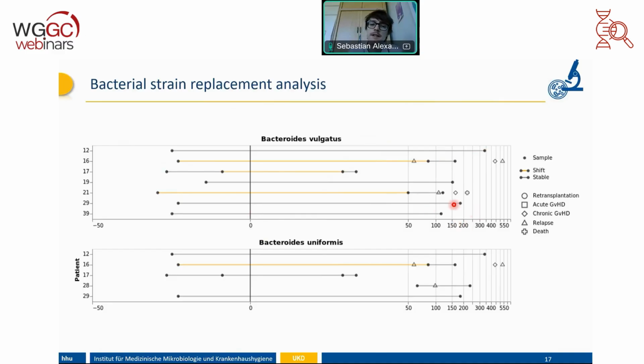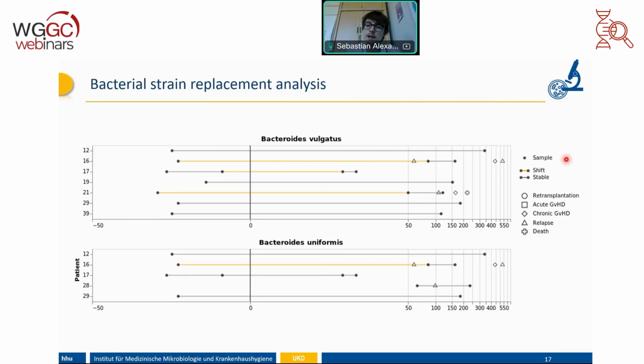In yellow, you can see that we detected a different strain before transplantation than after, and in gray we detected the same strain before and after. So we detect both. For some patients we had a strain shift, for some patients we had a stable strain, and we could not really correlate this with the clinical outcome of the patients.